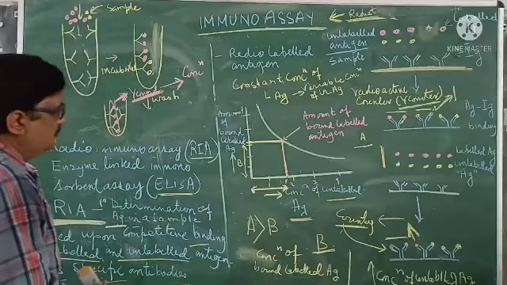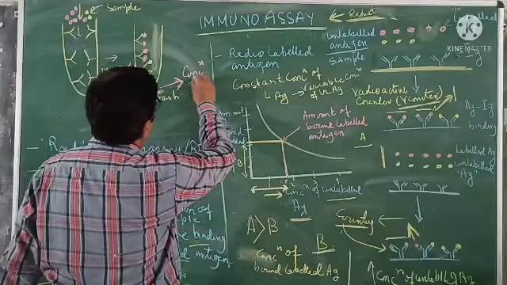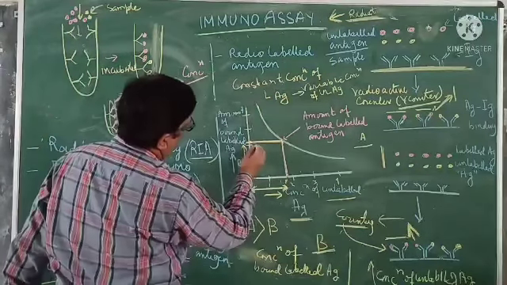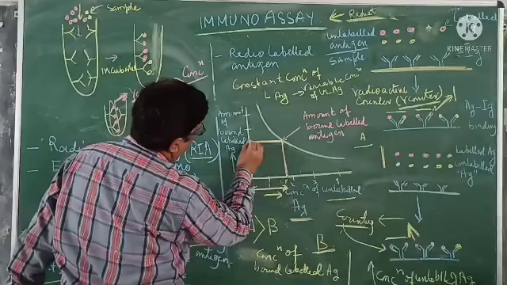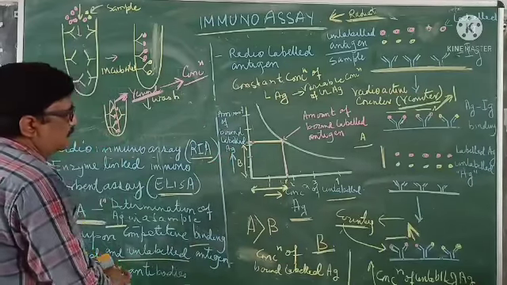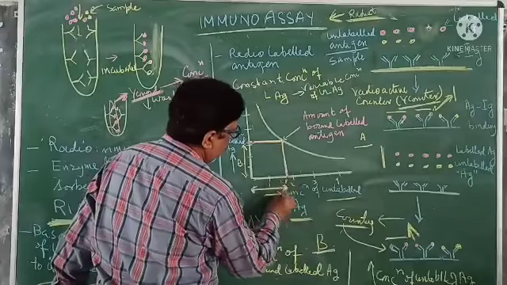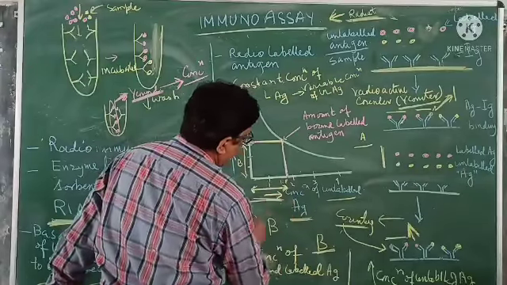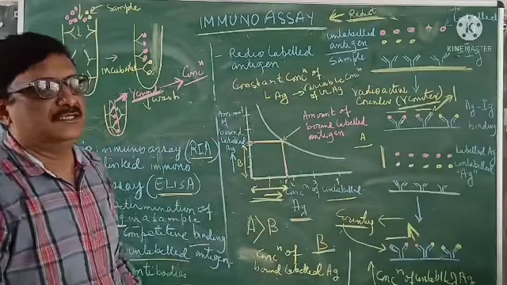If the concentration of this bound antigen comes on the y-axis at this point, this is the amount. We can calculate the amount of unlabeled antigen present in the sample.